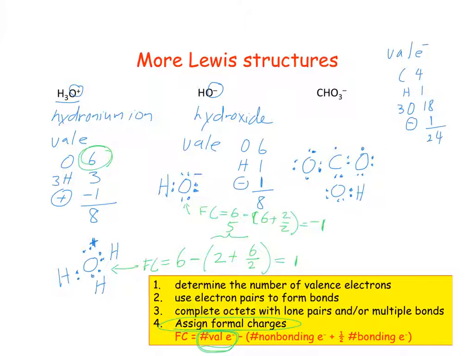So do we have enough electrons here yet? Let's count those up. 2, 4, 6, 8, 10, 12, 14, 16, 18, 20. Did I count those right?